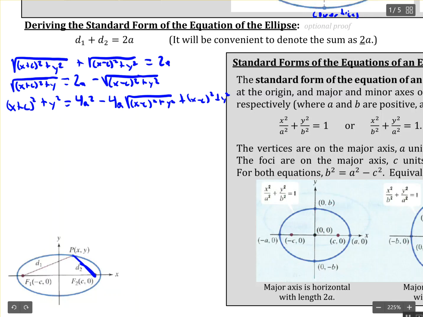Notice the plus y squared doesn't quite cancel off yet.